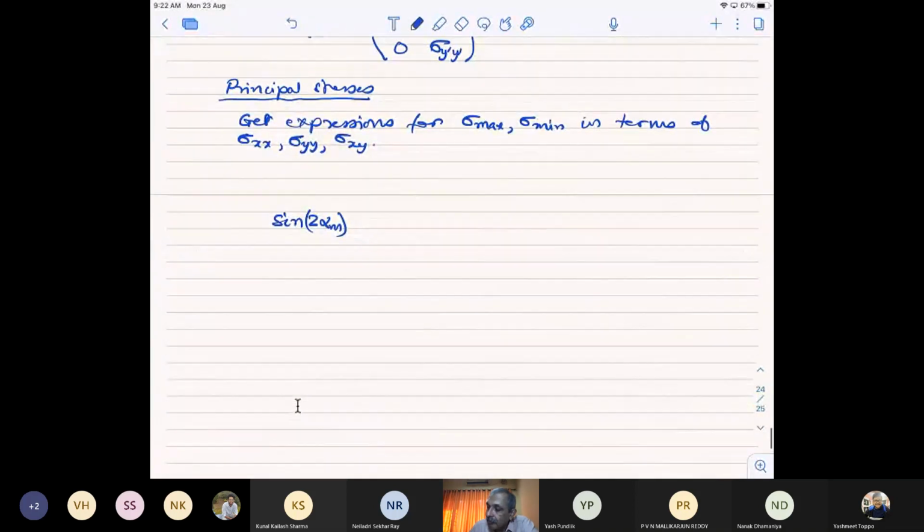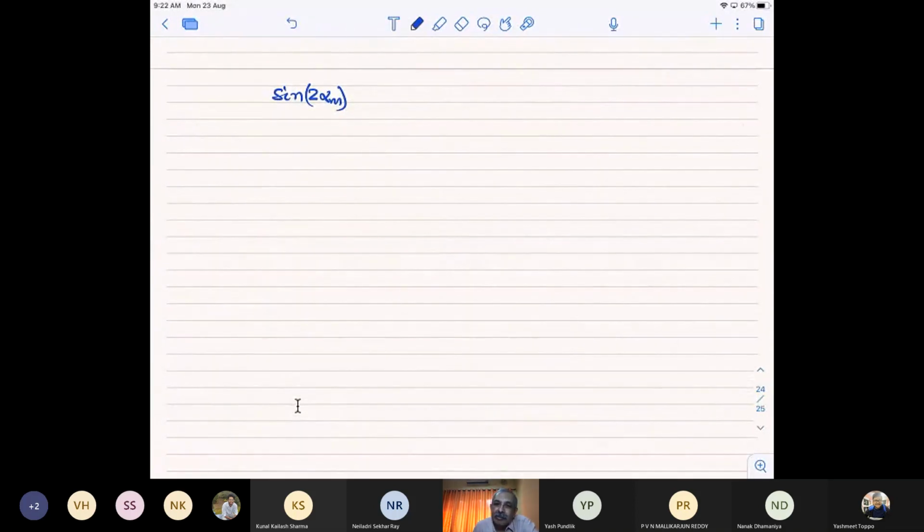If you do a little bit of trigonometry, you can easily show that sine of 2 alpha m is tan of 2 alpha m divided by 1 plus tan squared of 2 alpha m, raised to the power half.